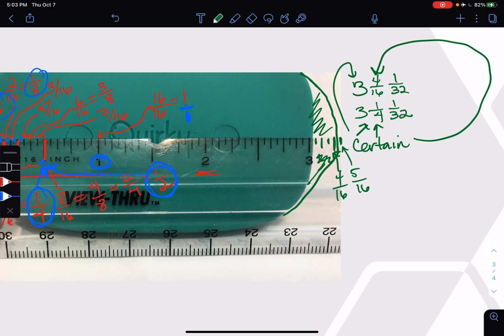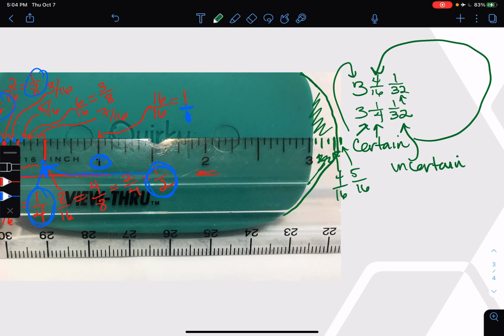Remember, that's just halfway in between. If we were doing the metric system, it'd be like half of 0.1 is 0.05. Half of a 16th is 1/32. So that's just like saying halfway in between. All right, so that is the complete measurement there. Our uncertain point is right there.